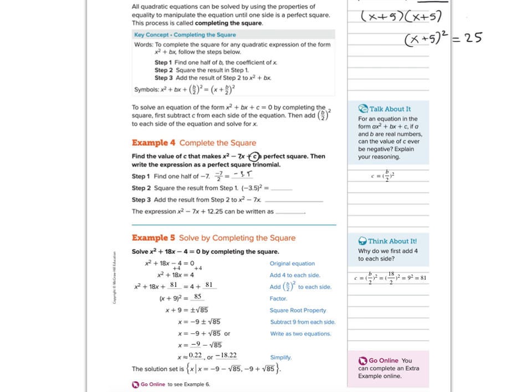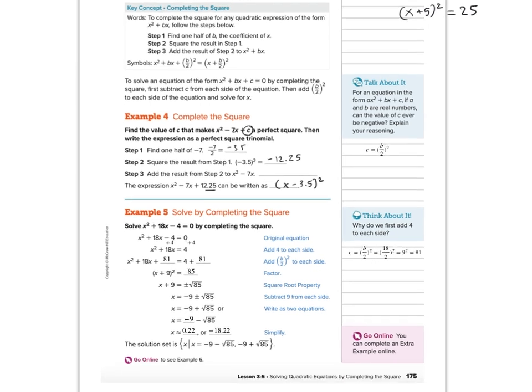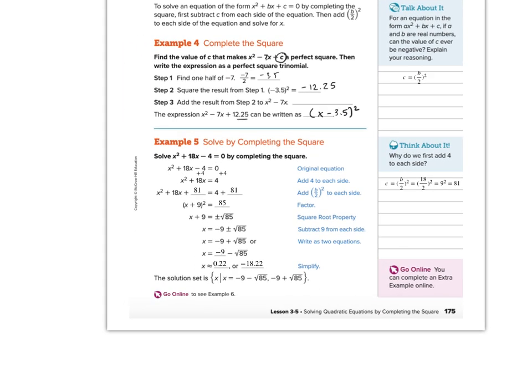So -3.5 squared is, not sure of the number, I think it's 12.25. So add the results. So there you go. We have 12.25. So now that can be written as x minus 3.5 squared, getting us to that position that we want to be in.